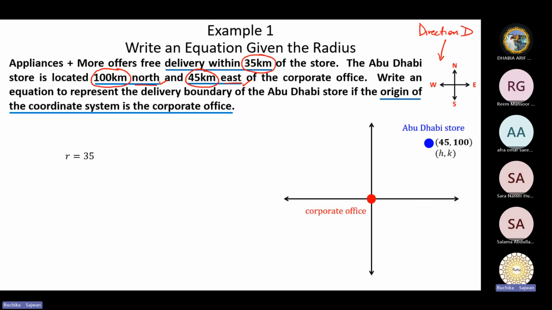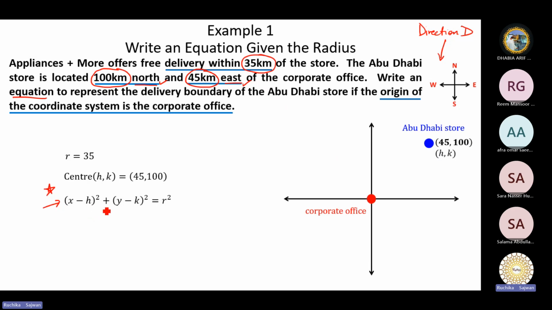So from this center, h comma k, we have easily got h is 45 because it is the distance on the x-axis, and k is 100 because it is the distance on the y-axis. So we know the center coordinates, we know the equation, let's plug in. So we need to find the equation, which is in standard form. So this is the formula.